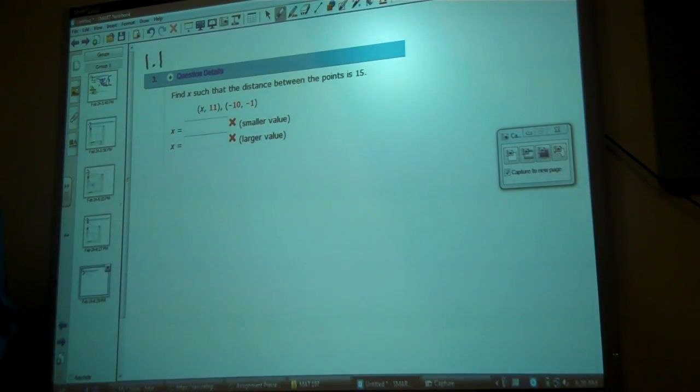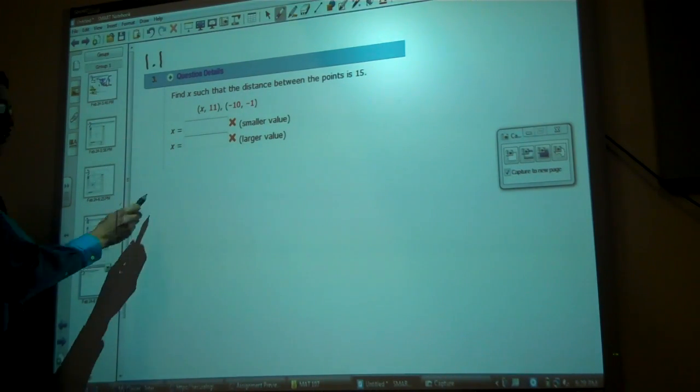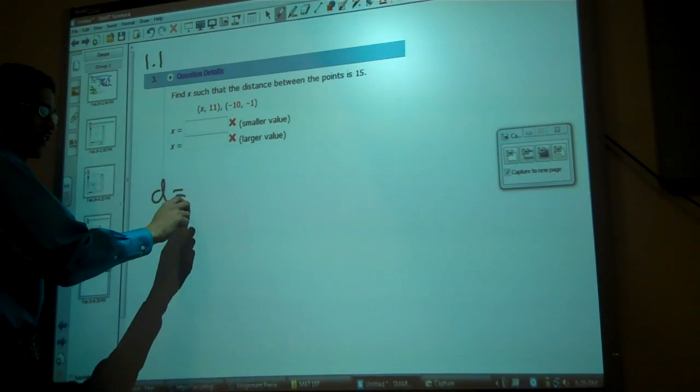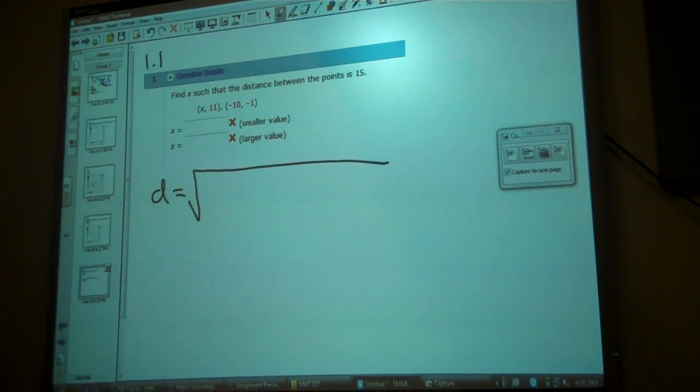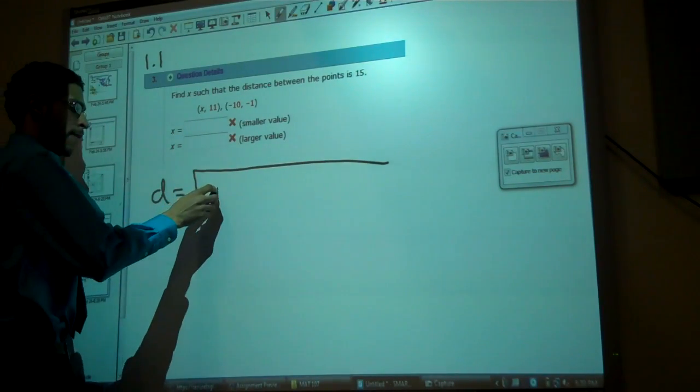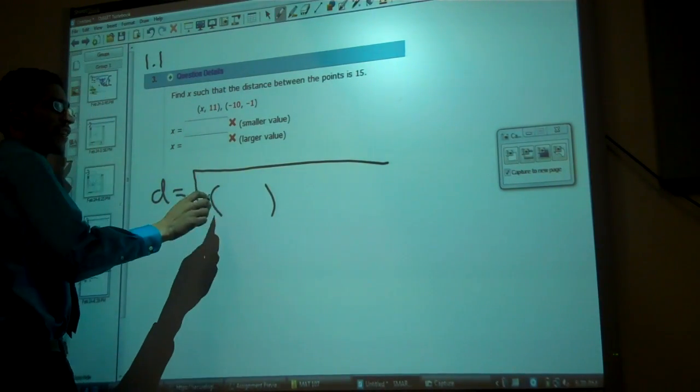Find x such that the distance between the points is 15. Distance formula. Given the points that they have, you're supposed to subtract the x's.